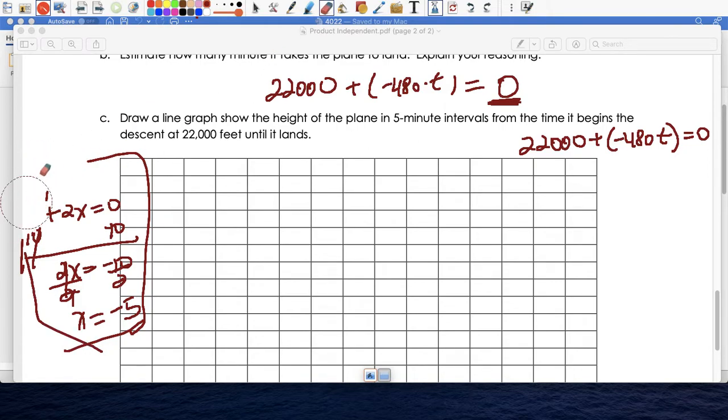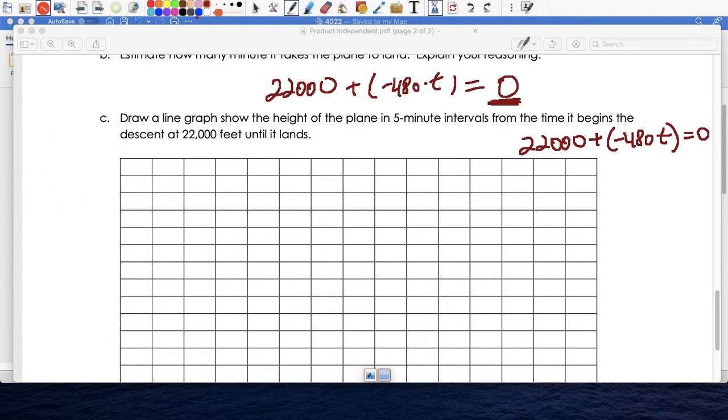So same thing. Remember, an equation is two expressions equal to each other, right? So we're going to try to isolate t to see what t equals, and in order to do that, let's get rid of the 22,000. So we're going to do minus 22,000 on this side.